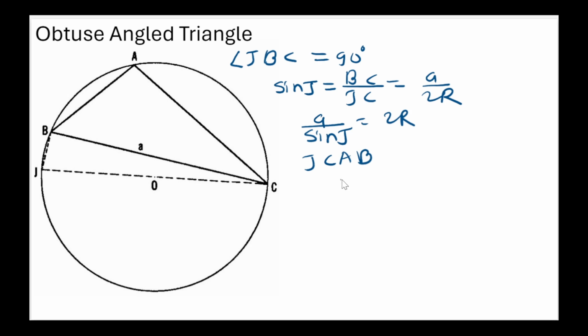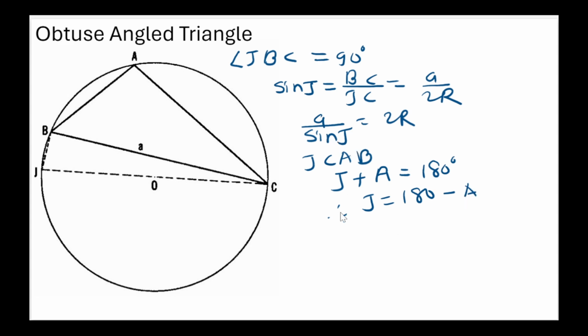So in quadrilateral JCAB, angle J plus angle A, which are opposite, will form 180 degrees. Therefore, angle J is equal to 180 minus A.